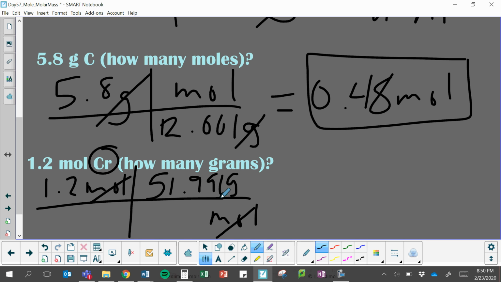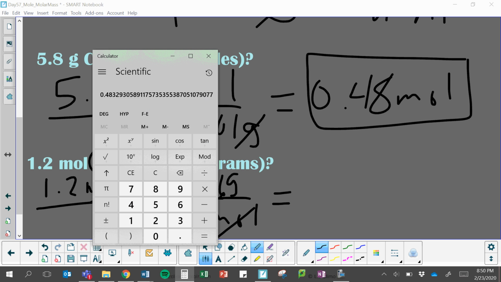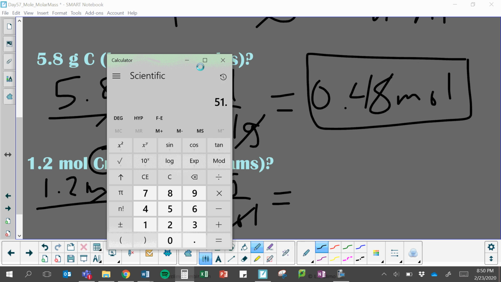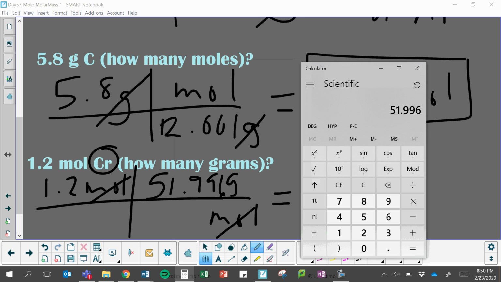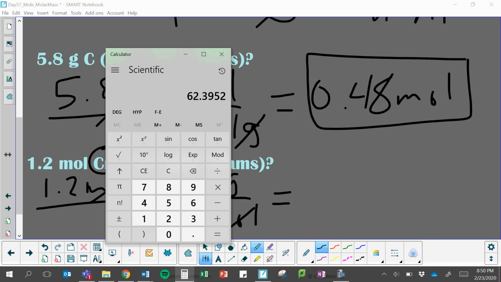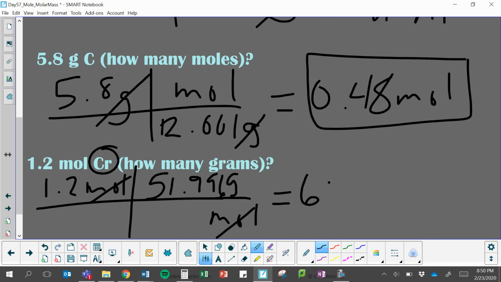And it goes with the grams because remember that's grams per mole. So this time we do 51.996 times 1.2. And we have 2 sig figs, so we will write 62 grams.